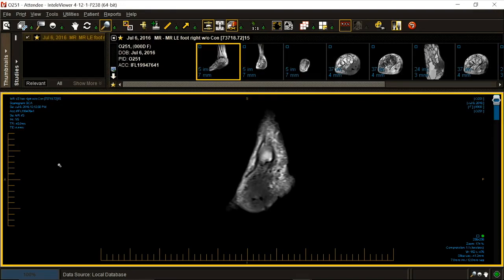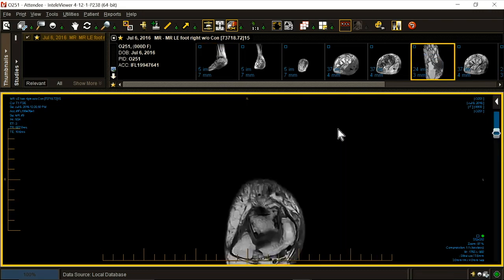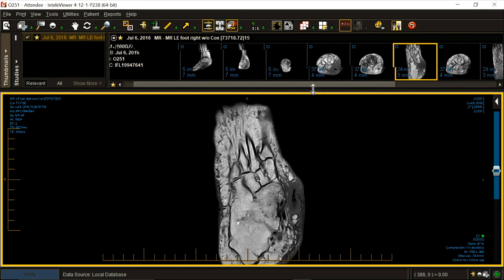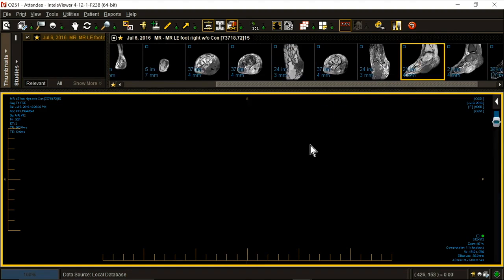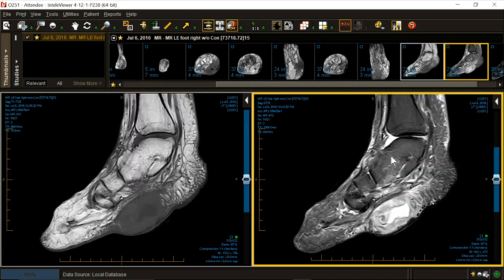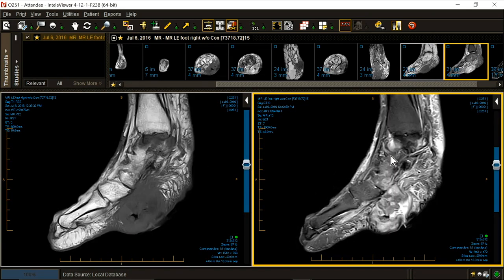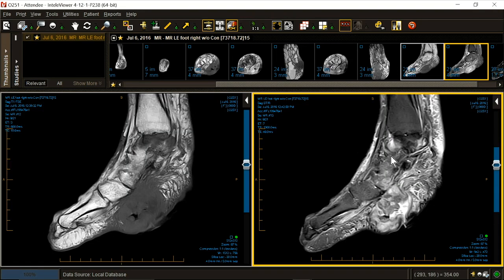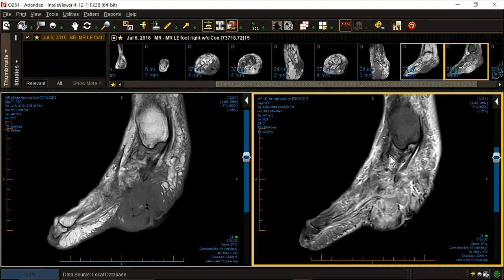Heel ulcer for 3 weeks in a patient with spina bifida. So in the hind foot, the sagittal is less useful. Probably more useful would be to go to the short axis, but we'll be consistent.